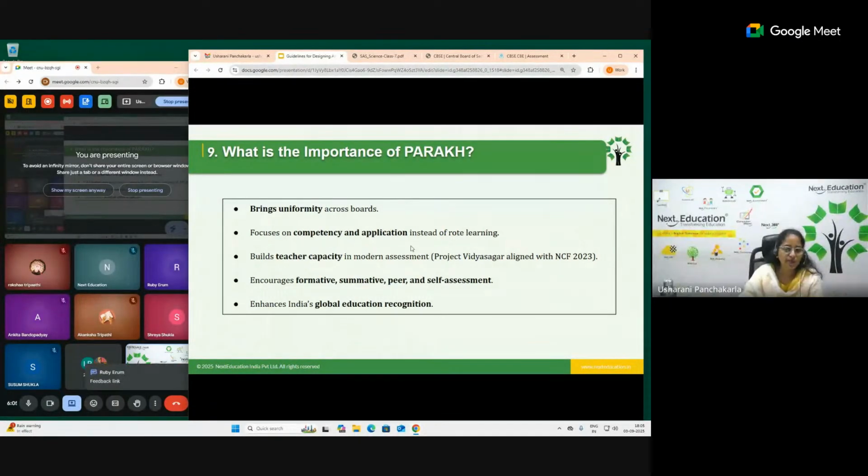The training is also aligned through different levels of coordinators, where you have PARAKH coordinators and CBSE coordinators, at a national level, at a state level, at a district level, and at the end you have field investigators, who are involved in taking the booklets and giving the test, as I'll show you in the upcoming slides.